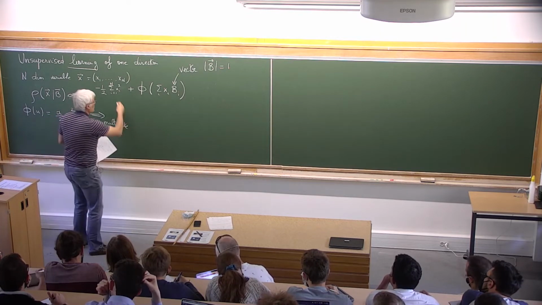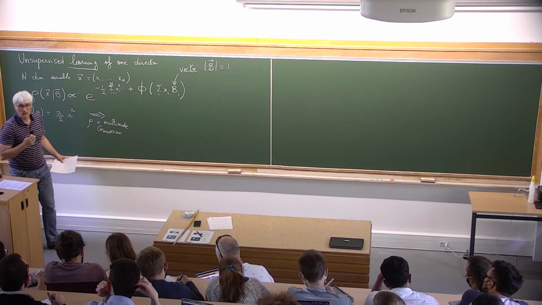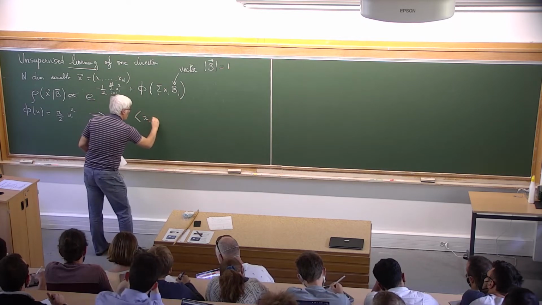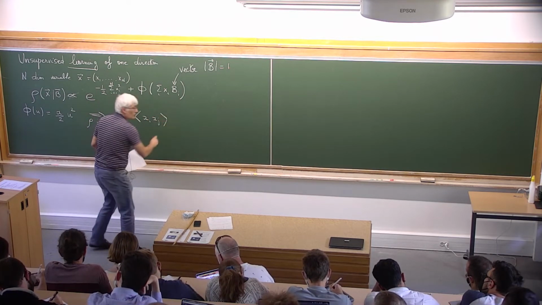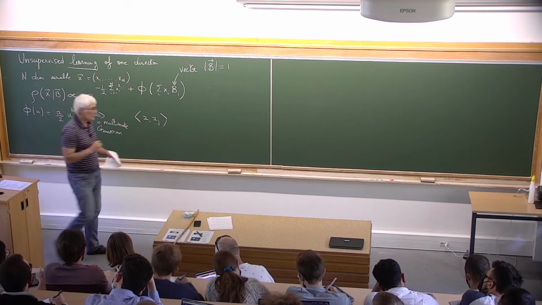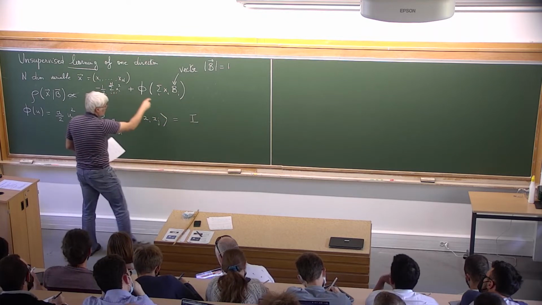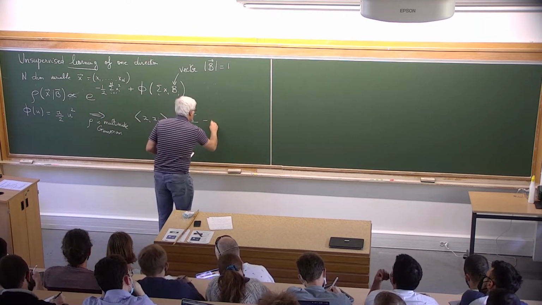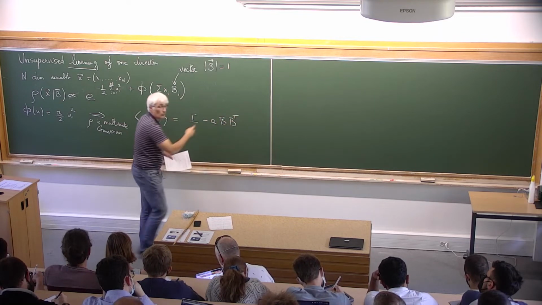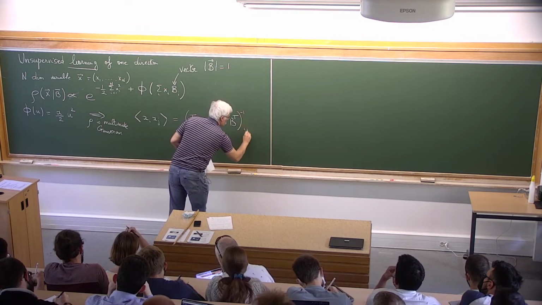And then the mean values of the x_i are equal to 0. So everything is characterized only by the covariance matrix, the average of x_i x_j. I keep to the physics notation with the brackets, which is simply the inverse of the identity matrix minus a times b b transpose, the projector along the b vector, element ij.